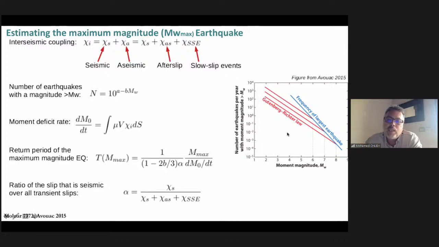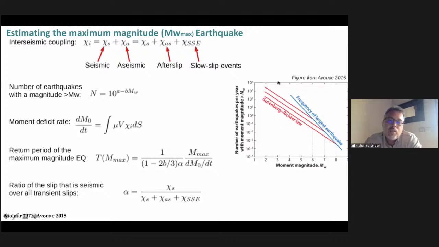What you see here is this plot, and this relationship gives you a line like that, and you can give some prediction. This is the way it is done today. But now, with all the knowledge we have from the seismic cycle, we can put some constraint on that. Using the Molnar 79 and Avouac 2015 method, we can draw this line here, which is the frequency of the largest earthquakes.